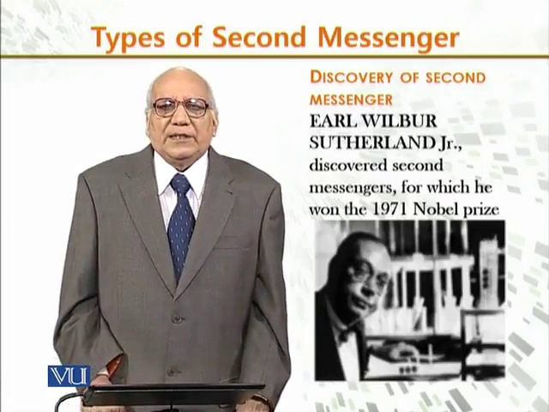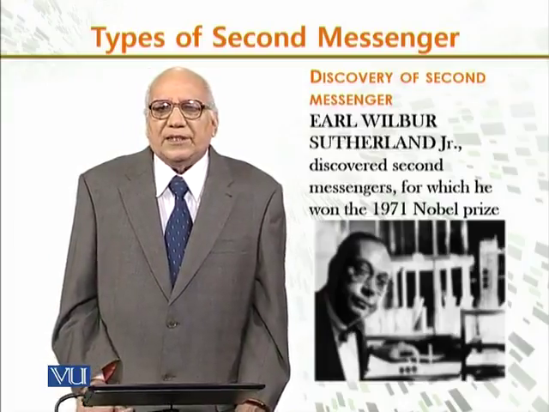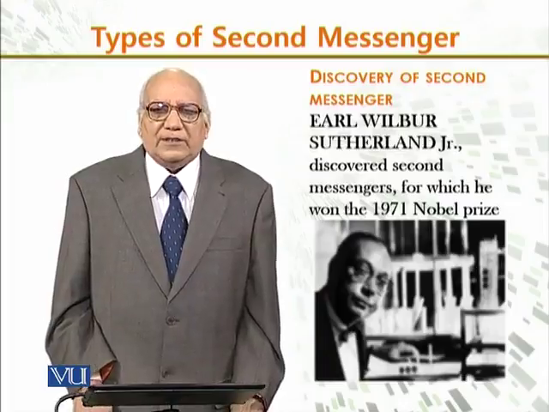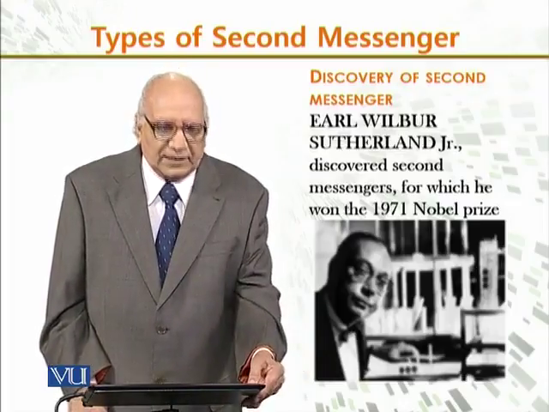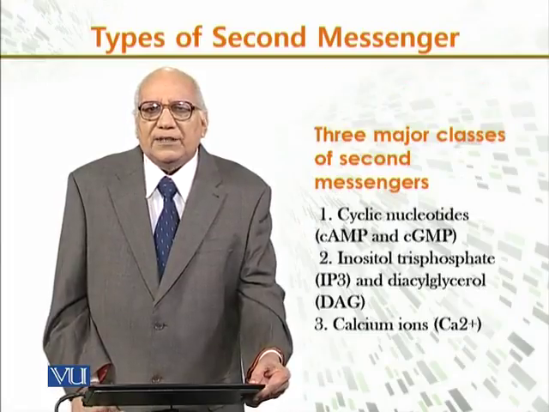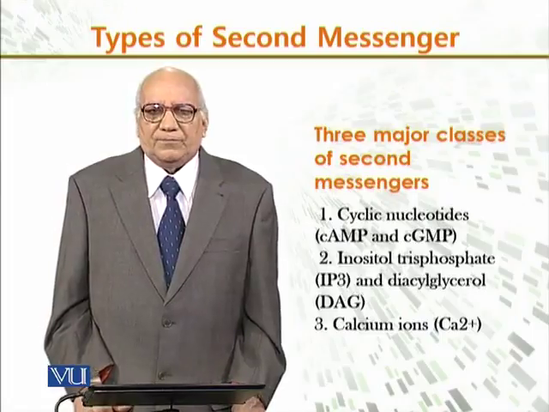Now, that was actually discovered by Earl Wilbur Sutherland Jr. in 1971, and for this discovery he was awarded a Nobel Prize because, mind you, this was a very important and interesting discovery.